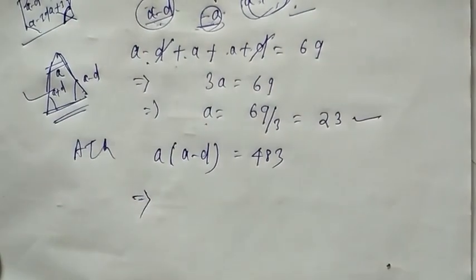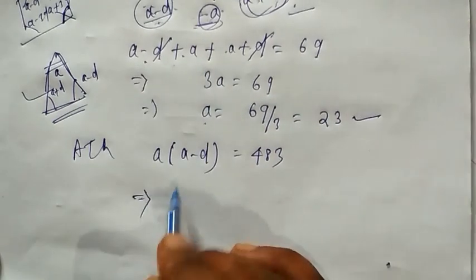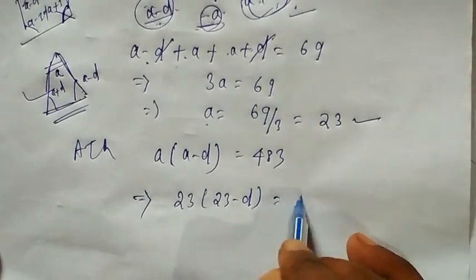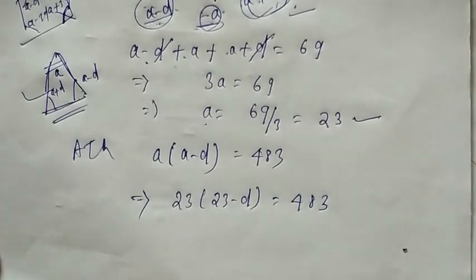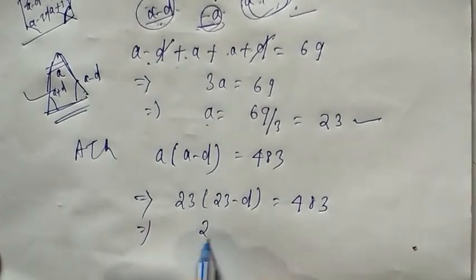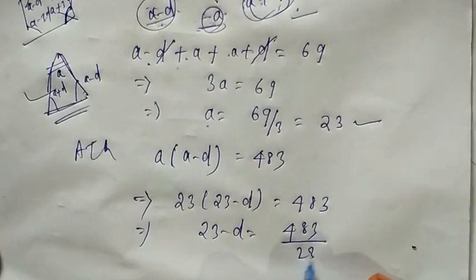That implies, you can substitute the A value here: 23 into 23 minus D is equal to 483. Now you can cancel. 23 minus D is equal to 483 upon 23.